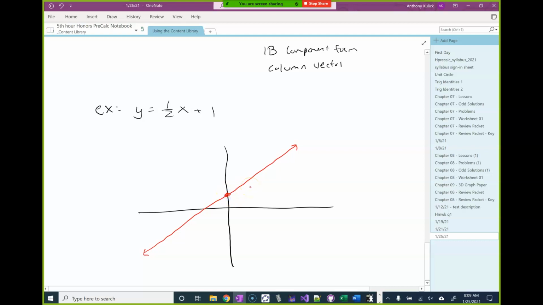Okay, so the equation of our line, y equals 1/2 x plus 1, looks something like this, right? Everybody's okay with that idea?